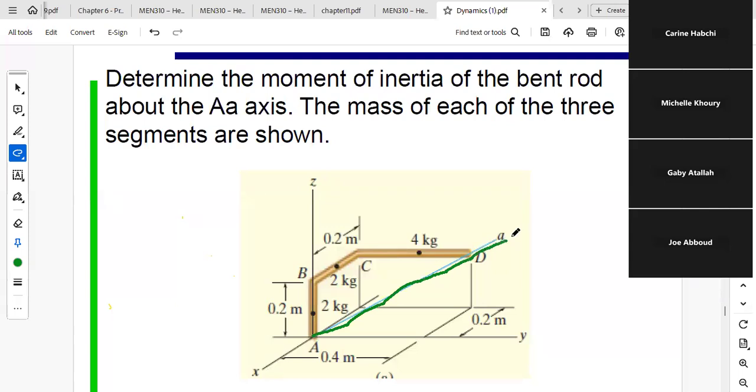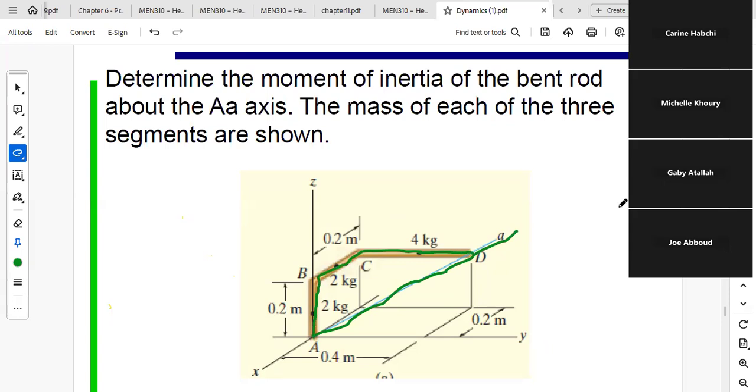If I tell you, for example, that this rigid body is rotating about the AA axis, so it's the case of rotation, and this axis is fixed, and you don't have 3D motion here.